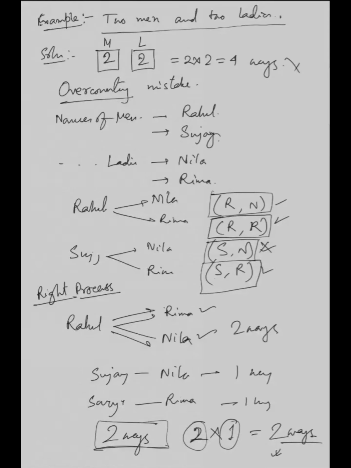So this is another typical problem where overcounting mistakes are made. This type of error will come when you apply the multiplication process. While applying the multiplication process, you don't go with all of them, you just take one of the cases, take the number of cases, and then go to the next step and take the number of cases there. Okay.